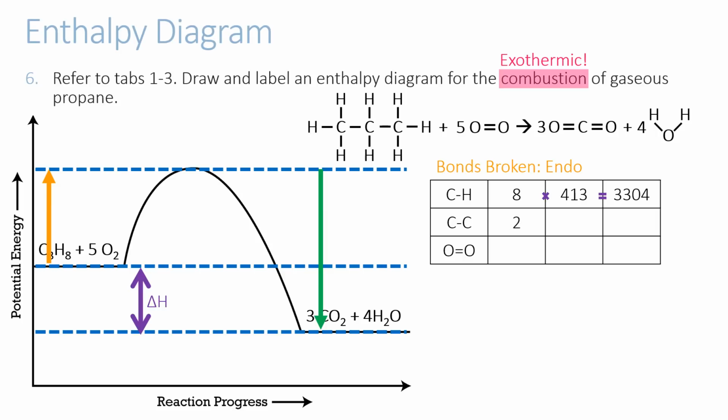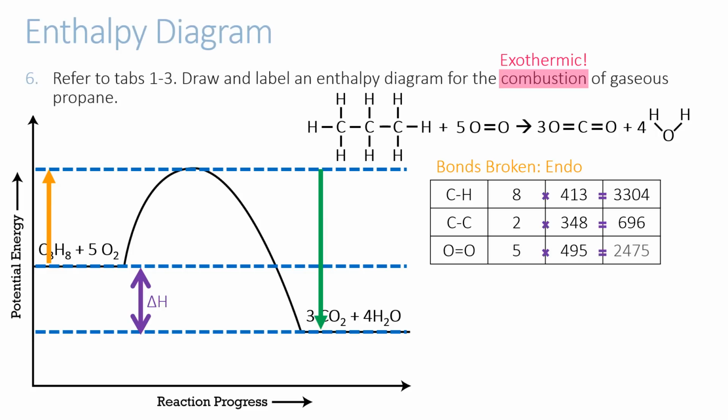There's 2 carbon to carbon bonds, going to multiply that together. And then there's oxygen to oxygen double bond, but there's a 5 in front of that. So that means there's 5 oxygen to oxygen double bonds. The bond enthalpy for that is 495. So be careful. Make sure that you pick oxygen to oxygen double bond and not oxygen to oxygen single bond.